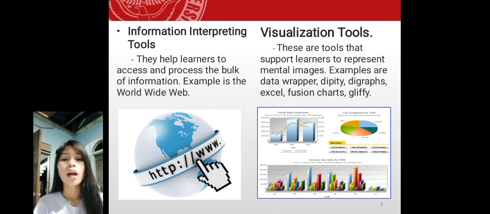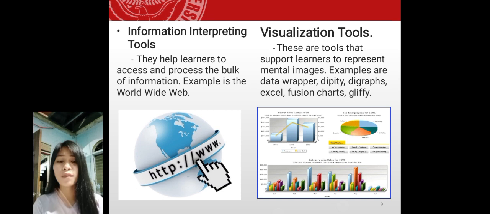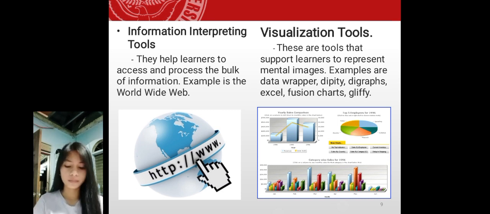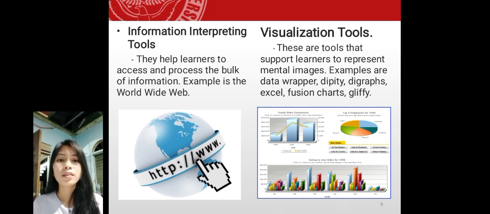The learners need this because the tool helps them process and make sense of the information that they have, and makes this information more accessible to others, not only for yourself but for the majority of all.